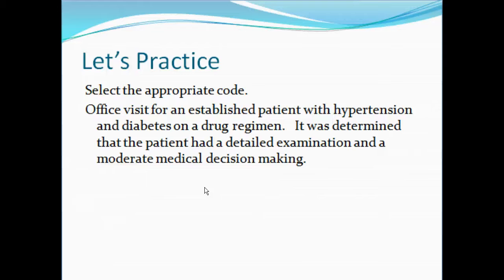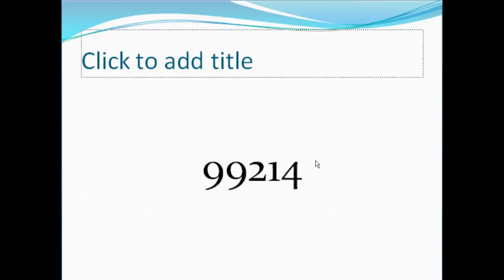Now, as you can see, this question gives us the examination and the medical decision making. It does not give us a history, does not at all. So we have 2 components here. You will need to look at a code to see which code has a detailed examination listed as a requirement and a moderate medical decision making listed as a requirement. Once you review that information, you will find that the code for this particular example is 99214.